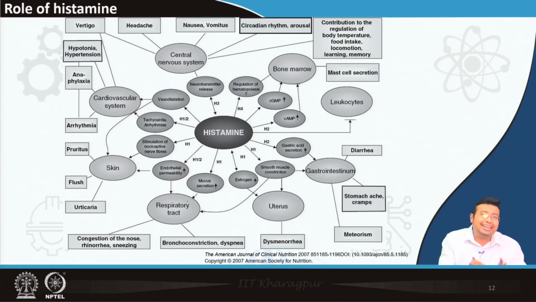Again, antihistaminics are anti-allergics, and that is how they are used, for pruritus, urticaria, hot flushes, etc. Apart from skin, histamine also acts on the cardiovascular system, nerves, bone marrow, mucosa, respiratory tract, uterus, gastric epithelium, everything. So you can form an endless list of the actions of histamine.